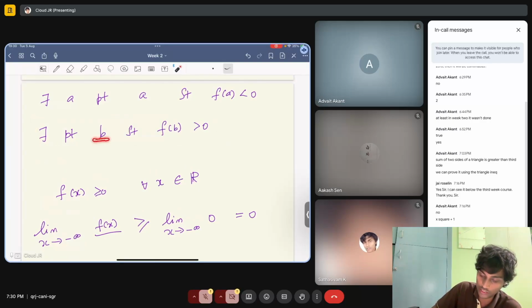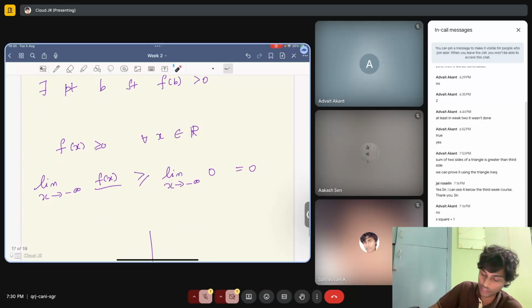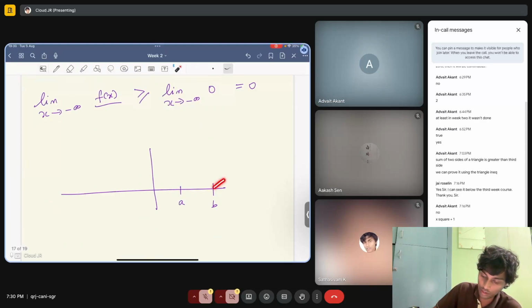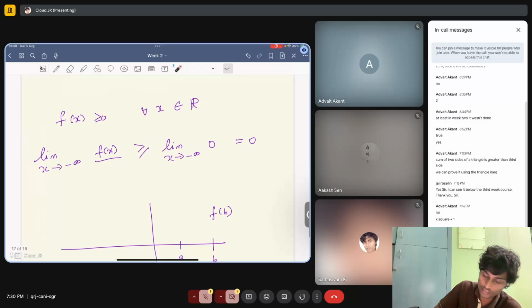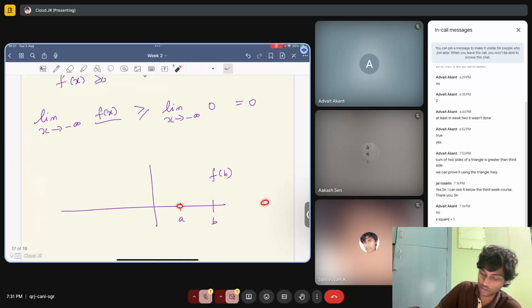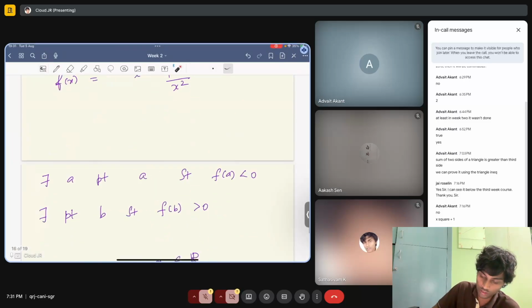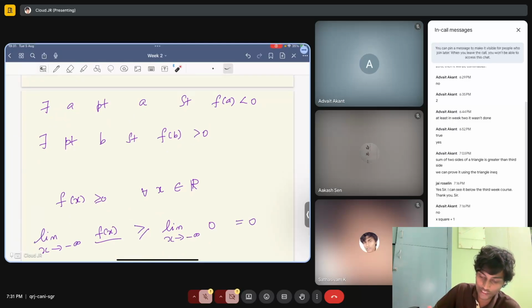So you have point B such that f of B is greater than or equal to 0. Now if I want to get A, this A can be either here, it can be here also, right? So I have to tweak it a little bit.